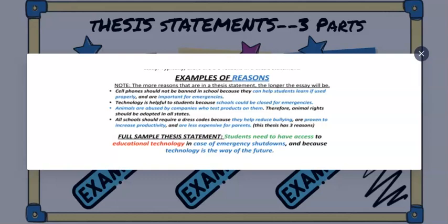Therefore, animal rights should be adopted in all states. And then lastly, all schools should require a dress code because they help reduce bullying, are proven to increase productivity, and are less expensive for parents. So you could end up with a full thesis statement that relates to our formula. Students need to have access to educational technology in case of emergency shutdowns, and because technology is the way of the future.